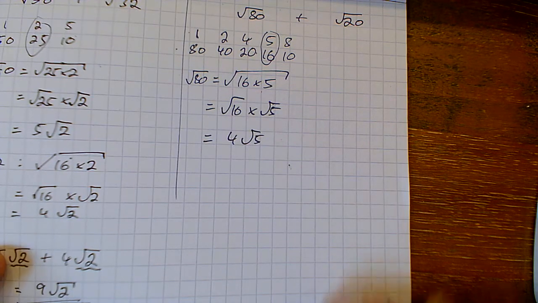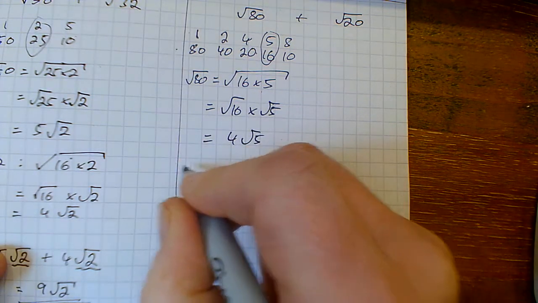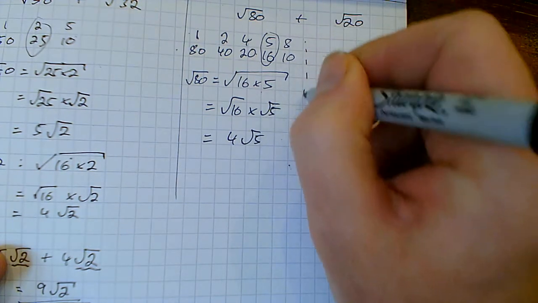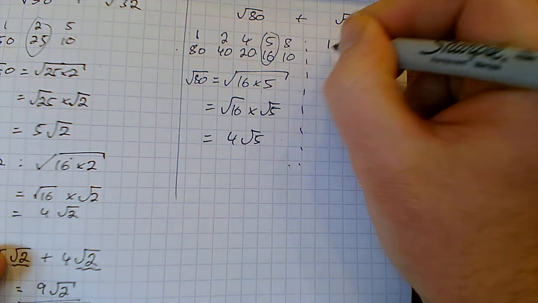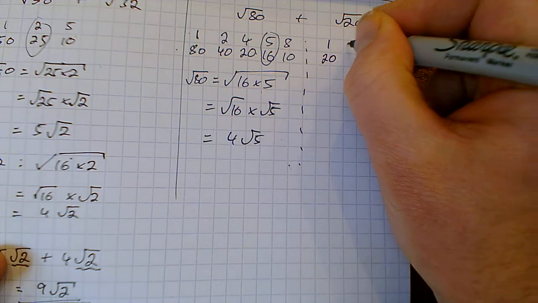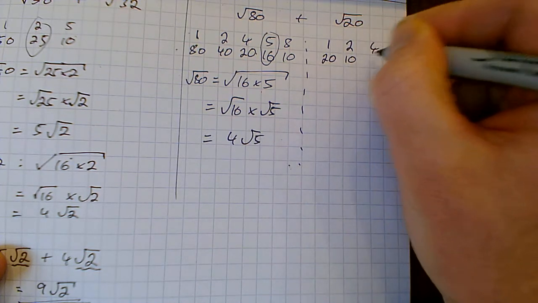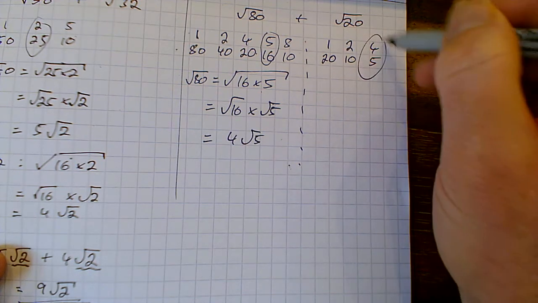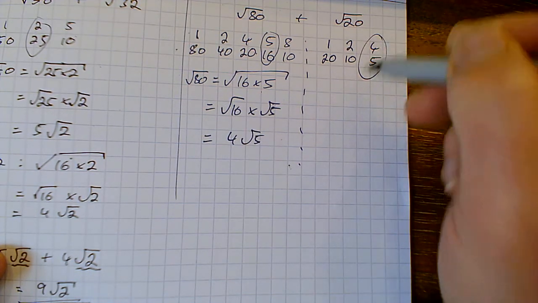I will do the same with 20. Factor pairs for 20. Let's do it over here. I've got 1 and 20. I've got 2 and 10. And I've got 4 and 5. Which one's got the square number in it? Here it is. 2 squared is 4.